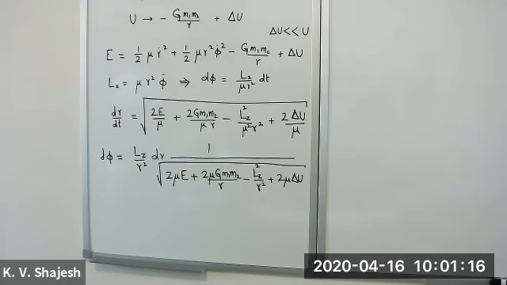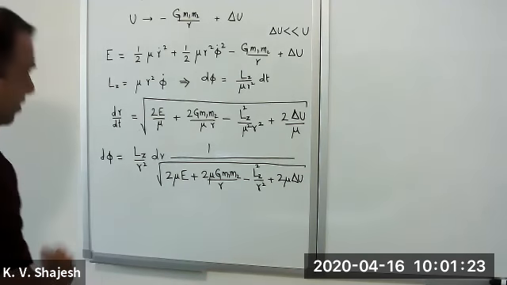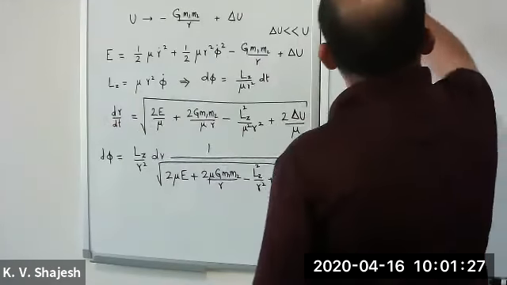So how do I want to do this? Remember, we did 2 things. We had the idea that, let me write it on the other side so that I can write the next step there itself.